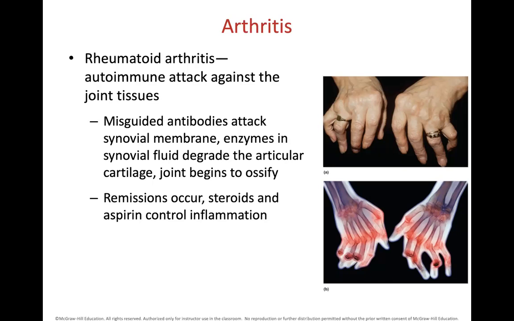The idea is to target any of the misguided antibodies, ideally, but that's easier said than done. So steroids, aspirin, just dealing with the symptoms can help bring the inflammation down and decrease pain. So that is rheumatoid arthritis.